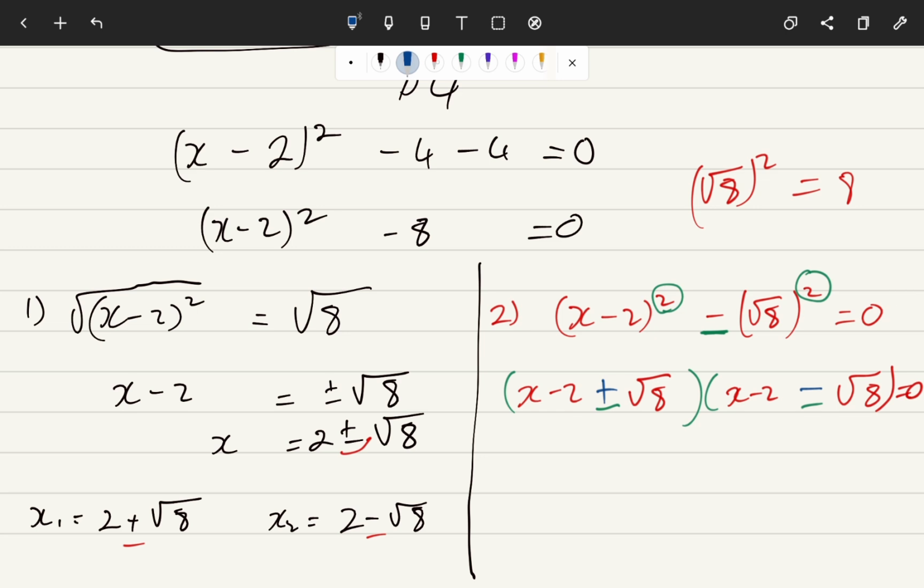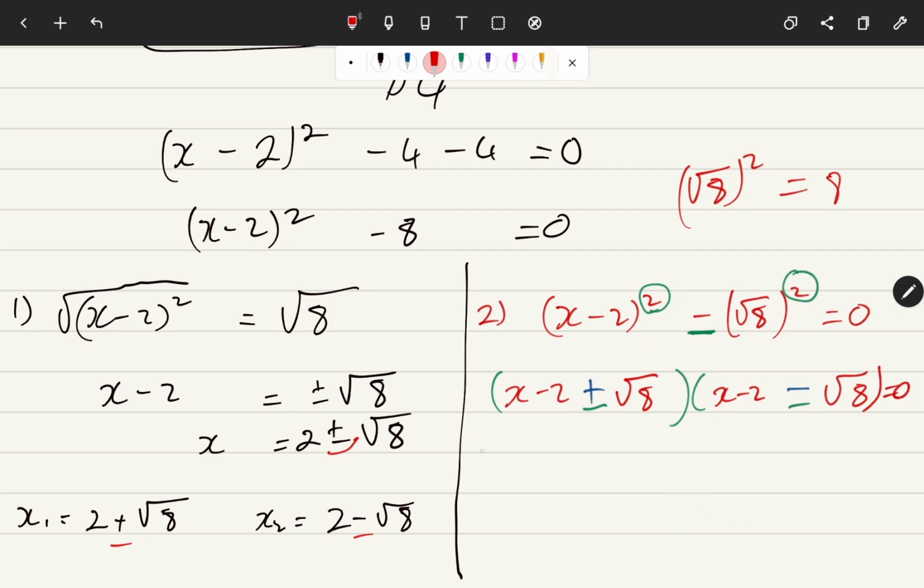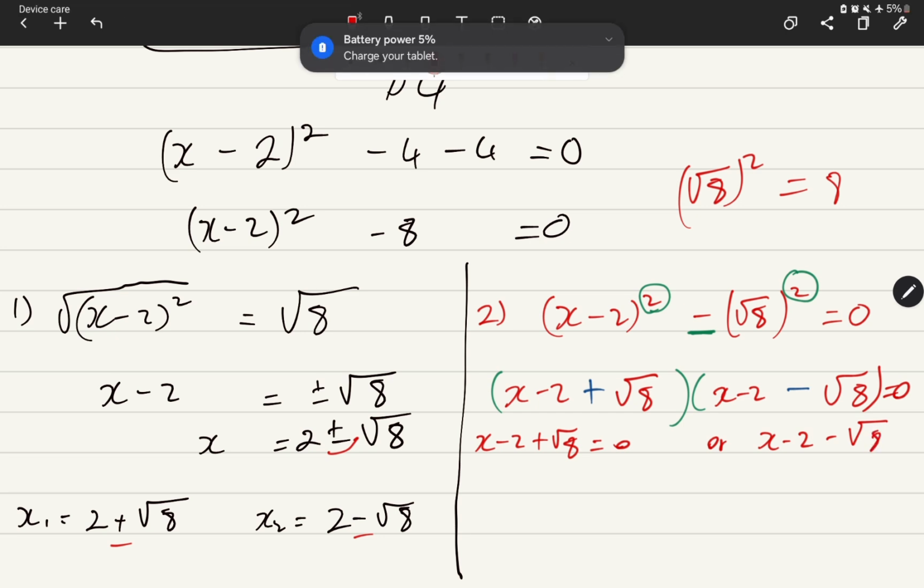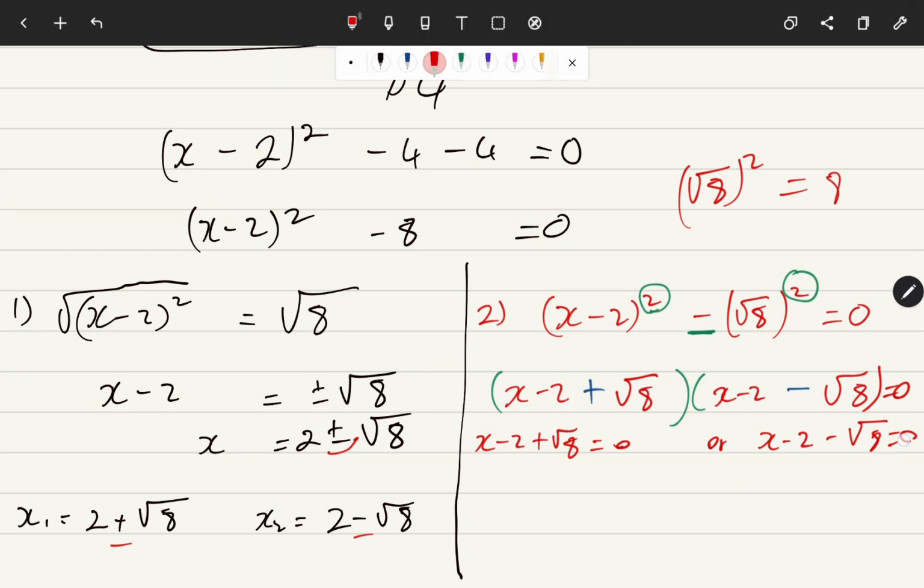So the next step, you can just say equate each bracket to 0. Say x minus 2 plus square root of 8 equals to 0, or x minus 2 minus square root of 8 equals to 0.